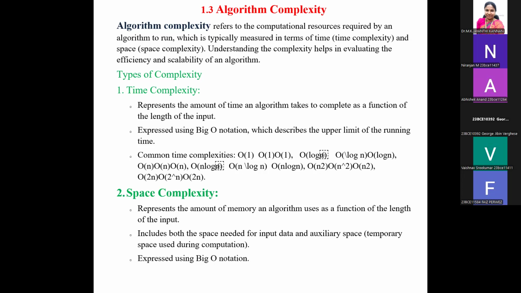So understanding the complexity helps in evaluating the efficiency and scalability of the algorithm, and how many users can access the system at a time. For example, take an ATM machine.